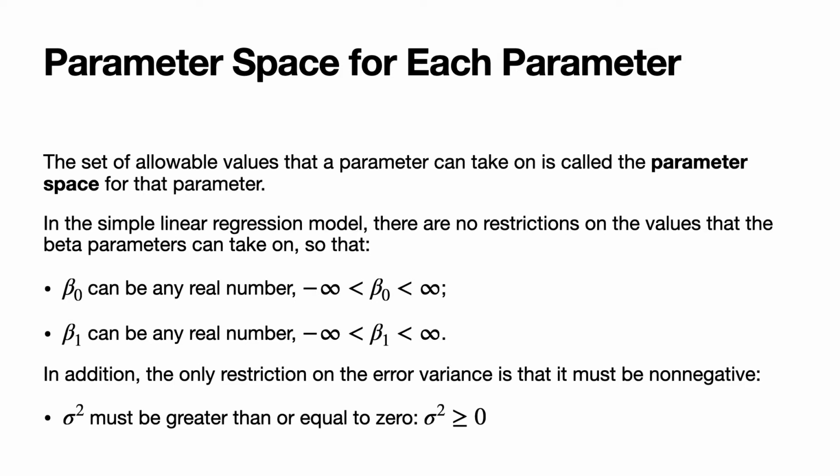Likewise, beta 1 can be any real number greater than negative infinity and less than positive infinity. In addition, the only restriction that the model places on the error variance is that it must be non-negative. So sigma squared must be greater than or equal to 0.